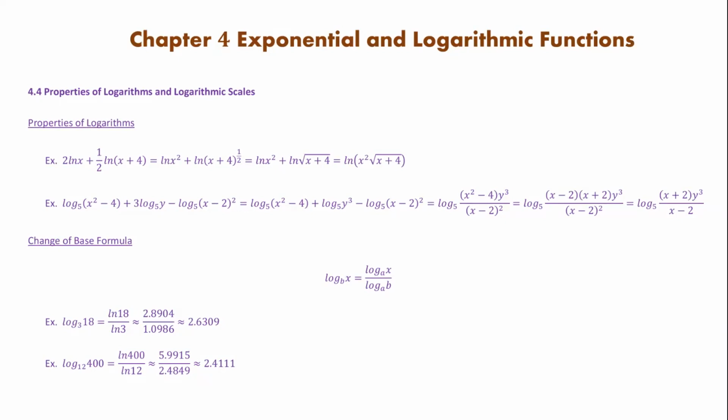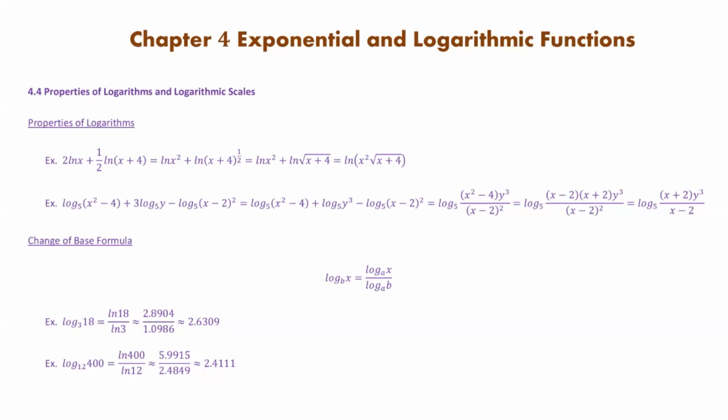Similarly, we can put the 1 half in the front into the exponent of x plus 4 to get ln of x plus 4 to the half using the same property. Then we can rewrite x plus 4 to the half as the square root of x plus 4 if you want. And now we have 2 logarithms with the same base and without any coefficients in the front.